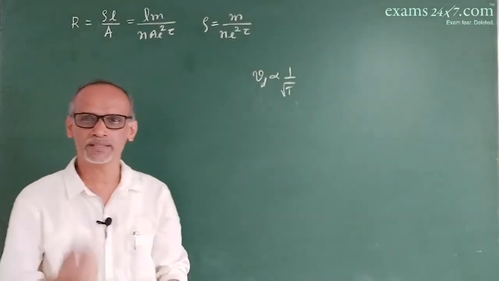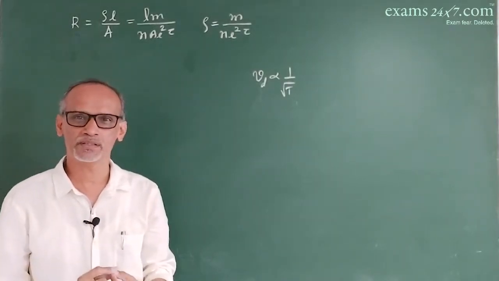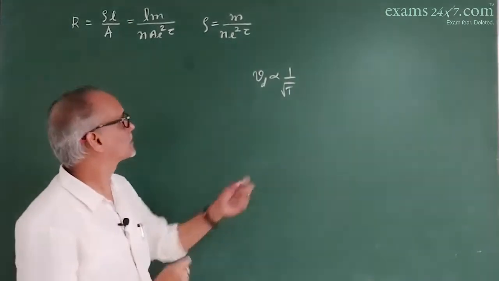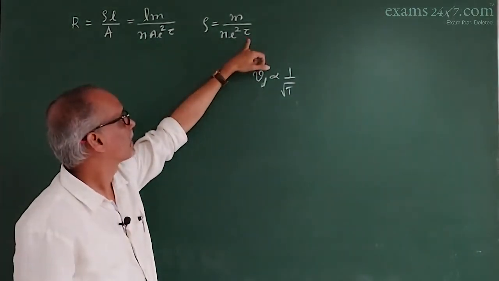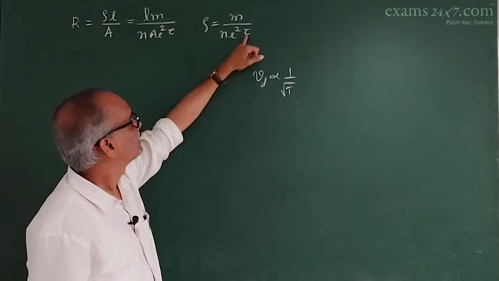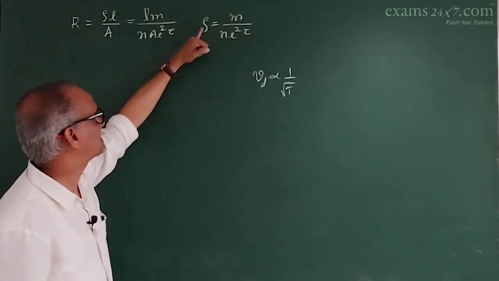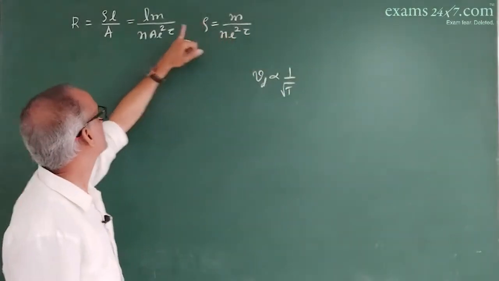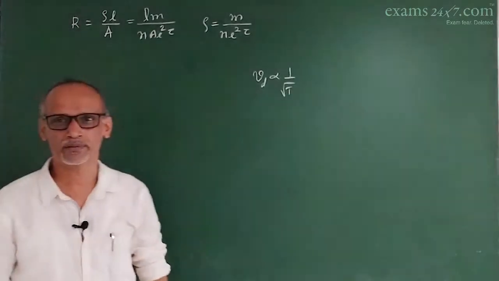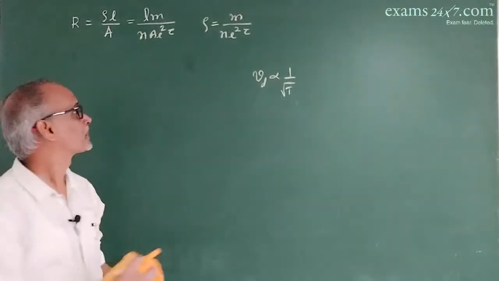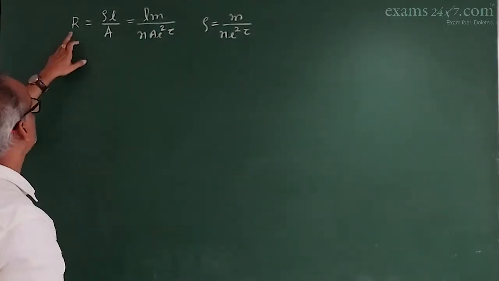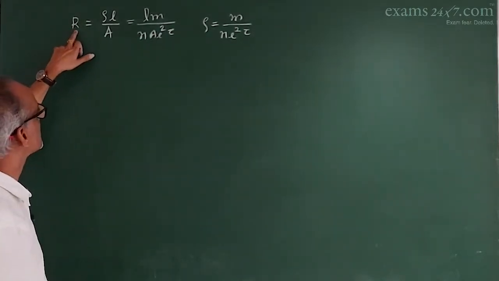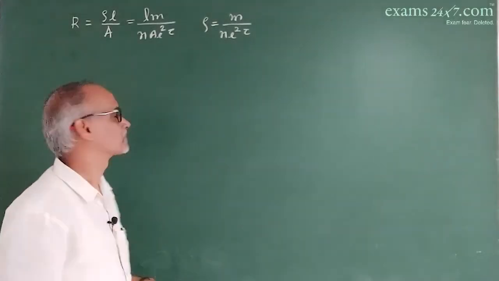So with the increase in temperature, drift velocity and relaxation time decrease, because it's inversely proportional. And decrease in relaxation time increases the resistivity, and an increase in resistivity increases the resistance. Correct. So that is the dependence of resistance on temperature.